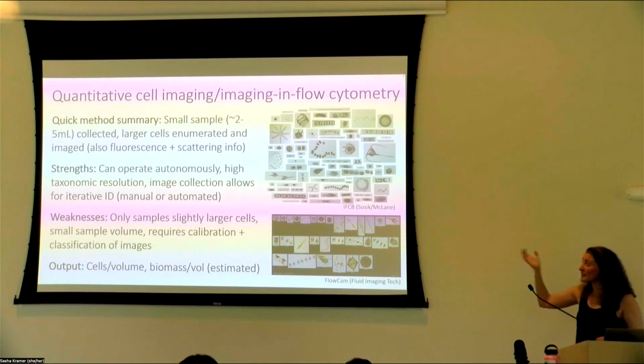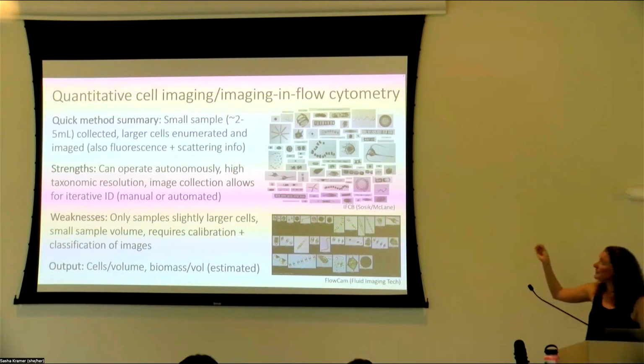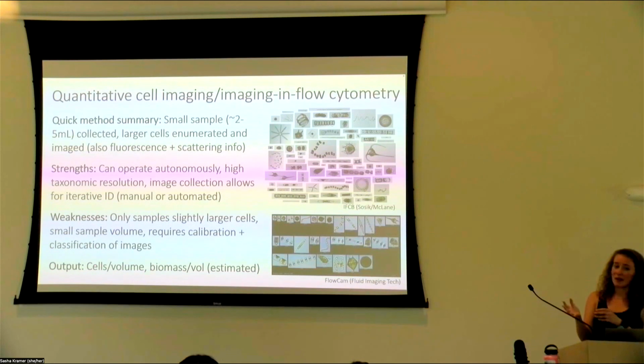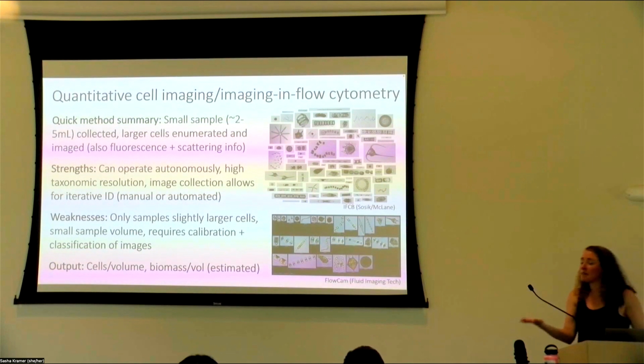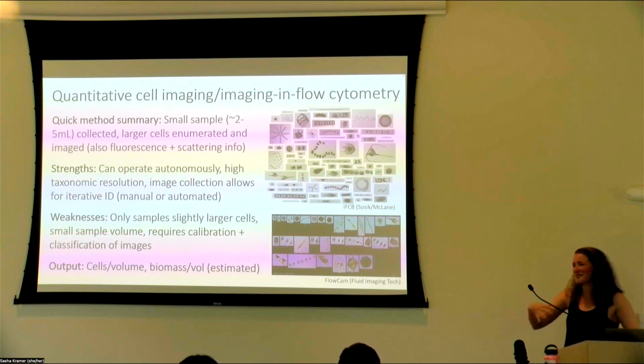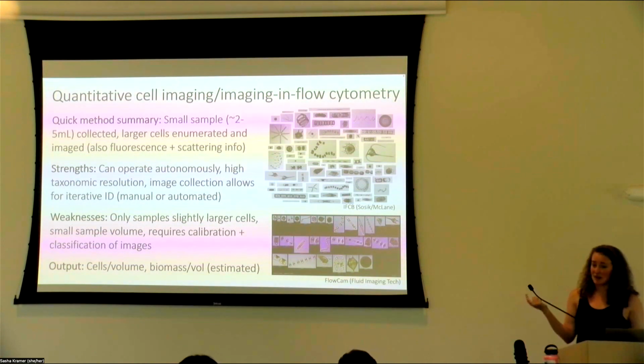So in my opinion, the strengths of this instrument, a huge one, is that it can operate autonomously. So you can have an imaging flow cytobot on something like a buoy or on a dock or a pier, and it can be operating without a person standing in the room pressing the button and having each sample go. So if you're thinking about ways to monitor a system without needing a human right in the room collecting the sample and running it through the instrument, this is a pretty great way to do it.